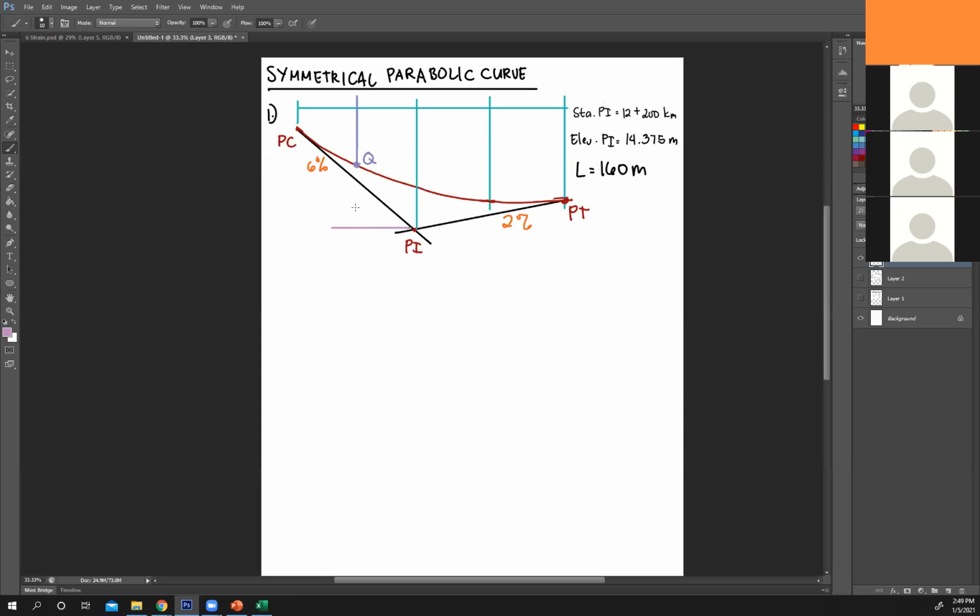So let's call this line H, small h. Then this, from the tangent to a point on the curve, that's your Y. So Y. So therefore, one way to solve for elevation of Q. Okay. Let me just draw this because I'll use it later.